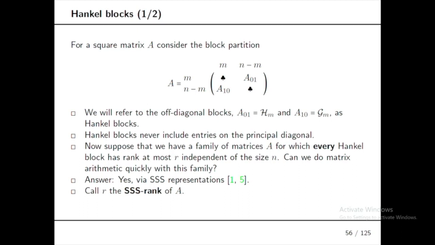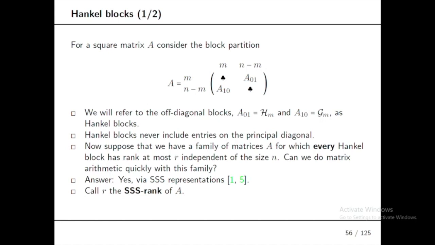These are called Hankel blocks, from people who did this in systems theory. The top block I call H_M, where M means I skipped M columns to get to that block. G_M means it's the Hankel block in the lower triangular part, and I skipped M rows to get to it.